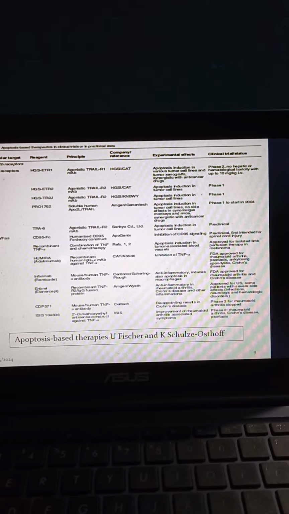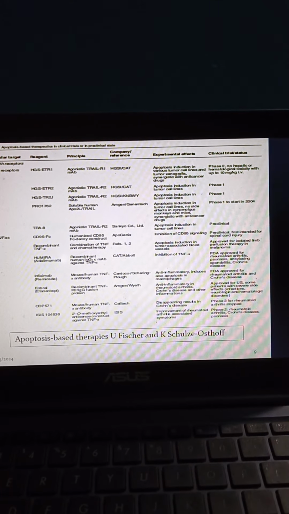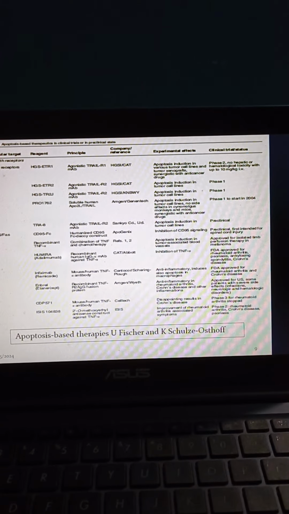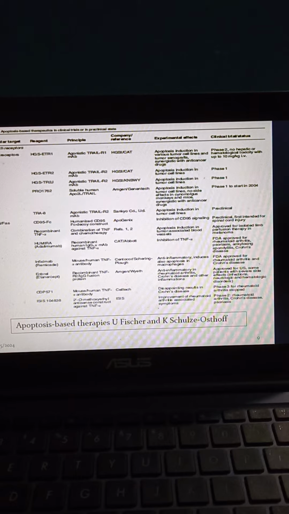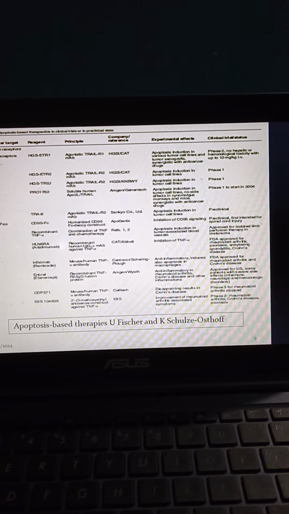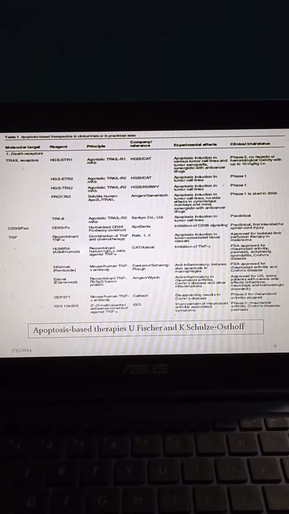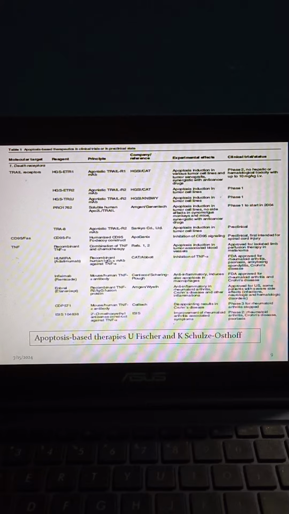Then there are lots of others, like CDP 571, which was phase 3 for rheumatoid arthritis but stopped. These are some examples of apoptosis-based therapy, from U. Fisher and K. Schulze-Osthoff. So these are some complex mechanisms of apoptosis and clinical trials on apoptosis.